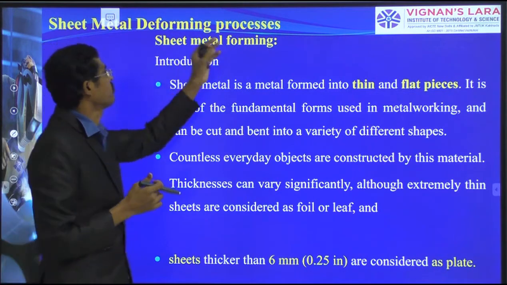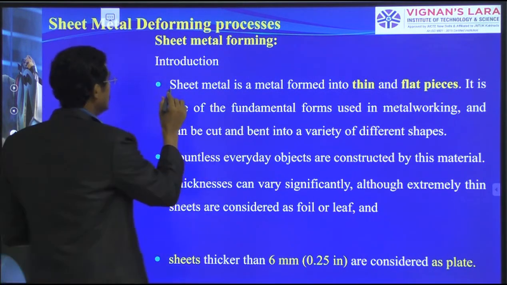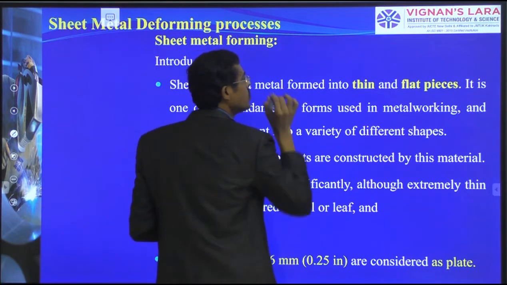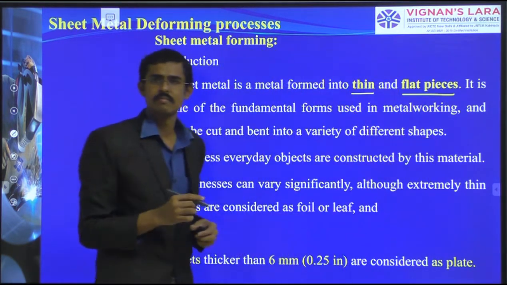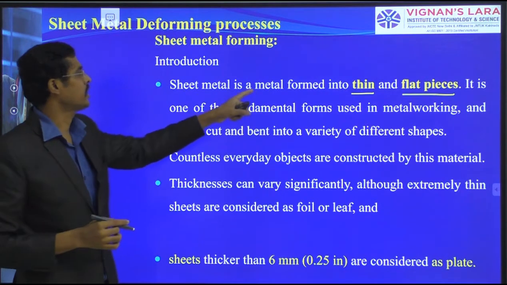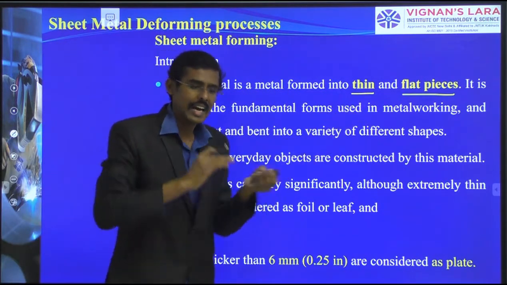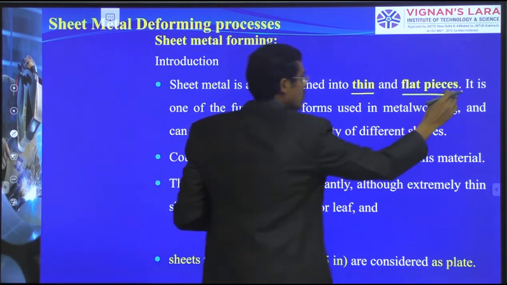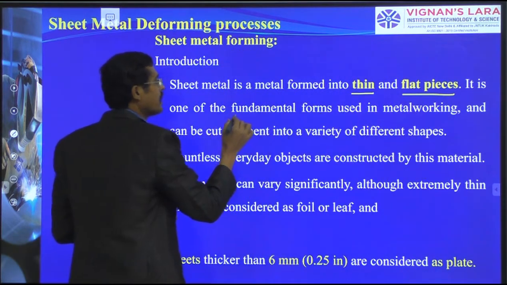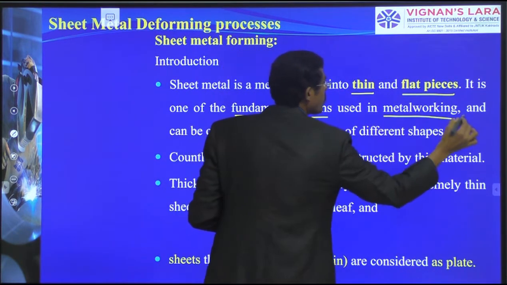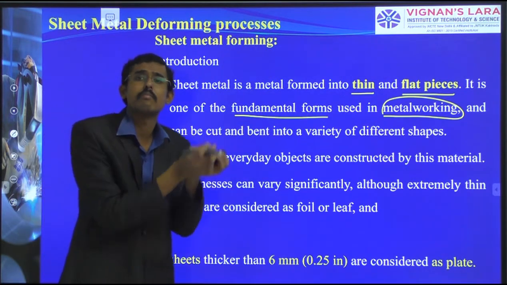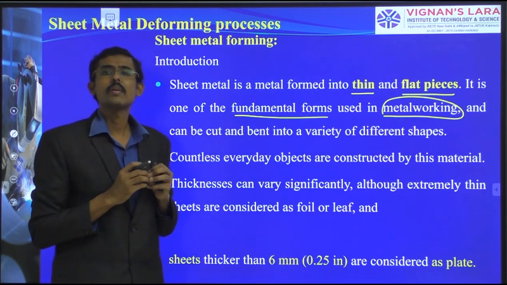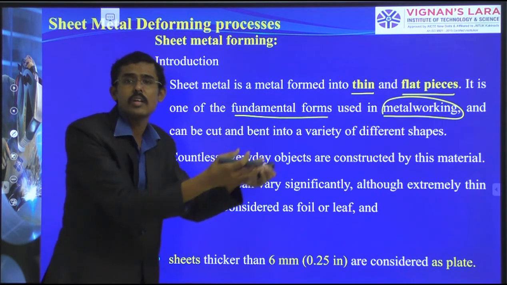So, the introduction of sheet metal: sheet metal is a metal formed into thin and flat pieces. It is one of the fundamental forms used in the metalworking process. The metalworking process is utilized for bulk material, and it is utilized for sheet metal also.